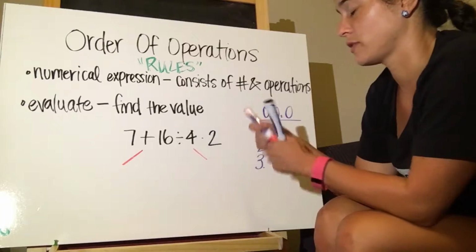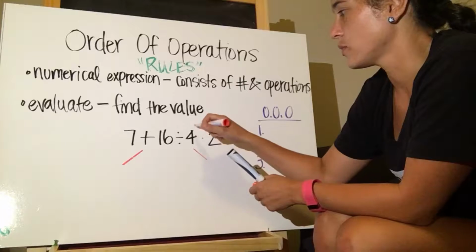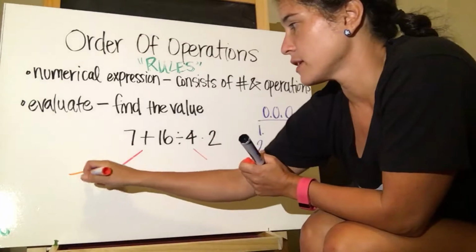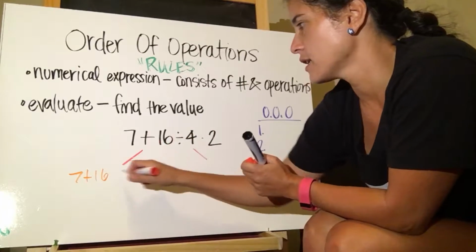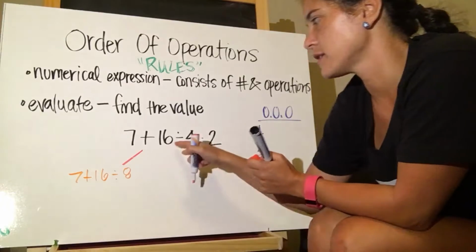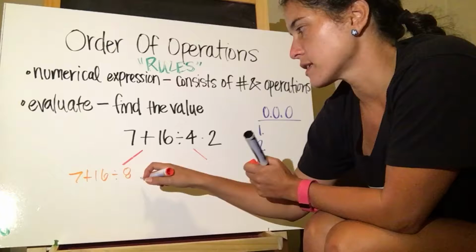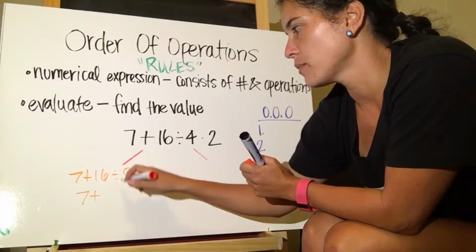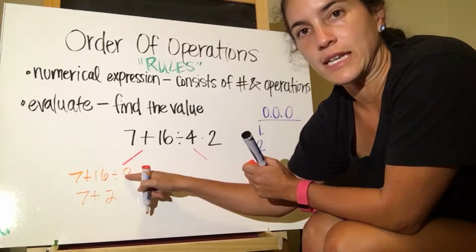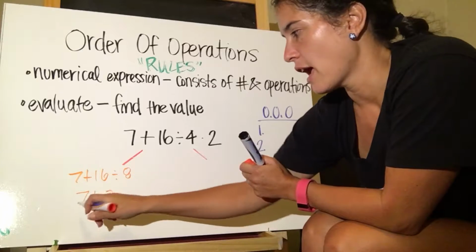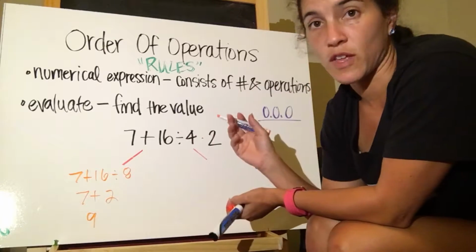So one way I could do it is I could do 4 times 2, and I would get 7 plus 16 divided by 8, because I did 4 times 2 is 8. Then I could do 16 divided by 8, so 7 plus 2. 16 divided by 8 is 2, and then 7 plus 2 is 9. So that's one way I could do it.